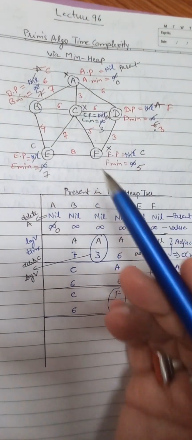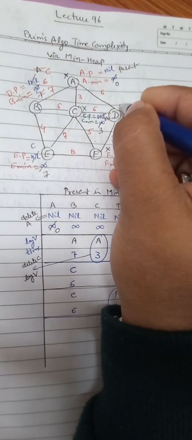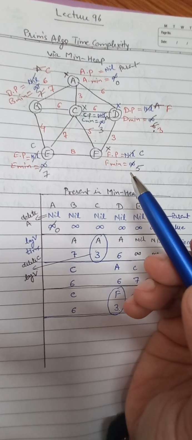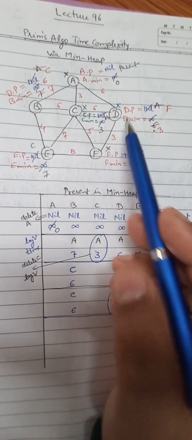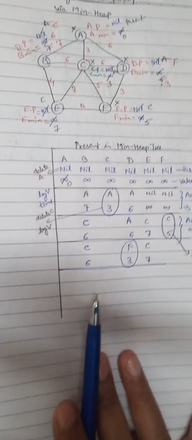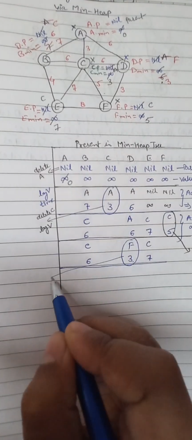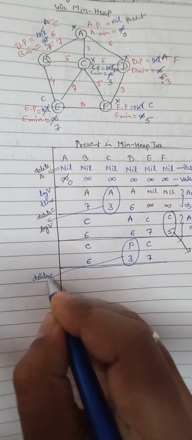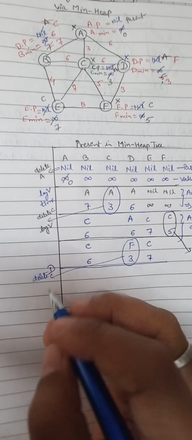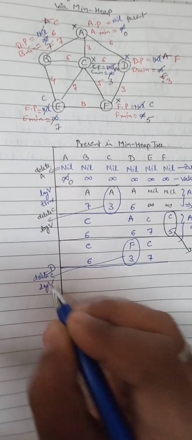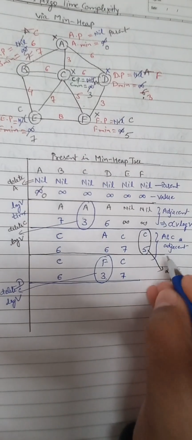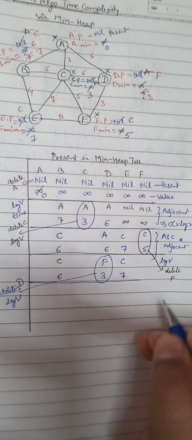We have deleted A, C, F. Now we are going to delete D. So who is adjacent to this? No one, because these are all deleted, so nothing will get changed. So how much time will it take? Log V time. Whenever we are deleting something, how much time does it take? Log V.